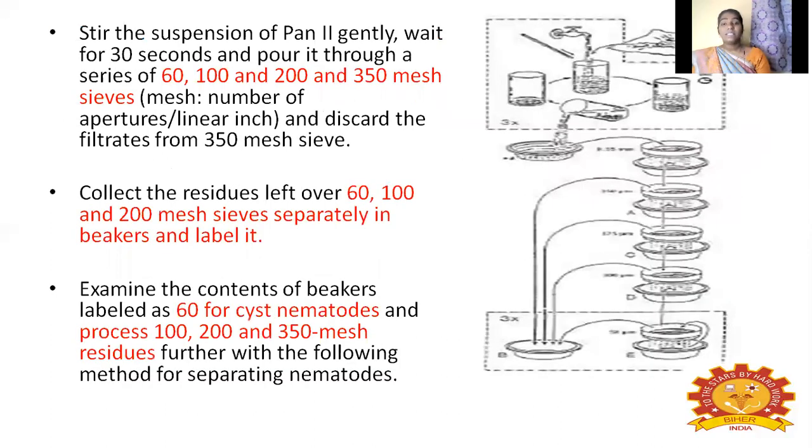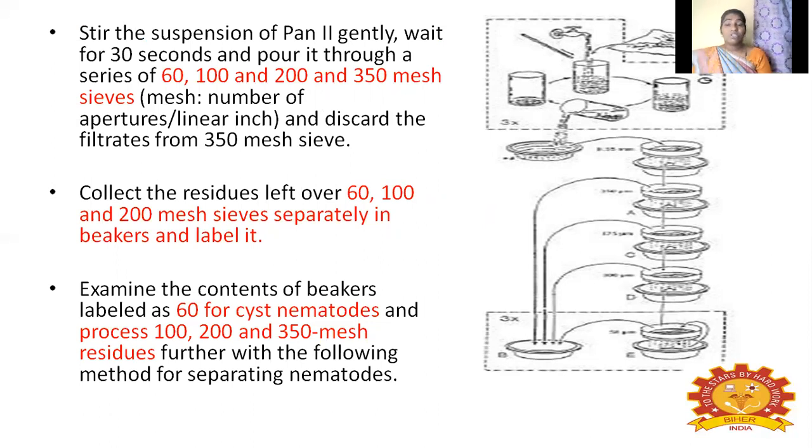After this, stir the suspension in pan 2 gently. Wait for 30 seconds and pour it through a series of 60, 100, 200 and 350 mesh sieves. So after taking the soil suspension in pan 2, we again pass it through the different sieve sizes, that is 60, 100, 200, 350 mesh.